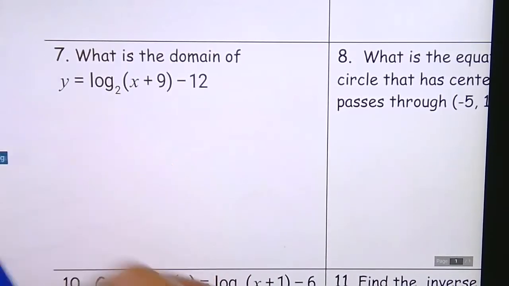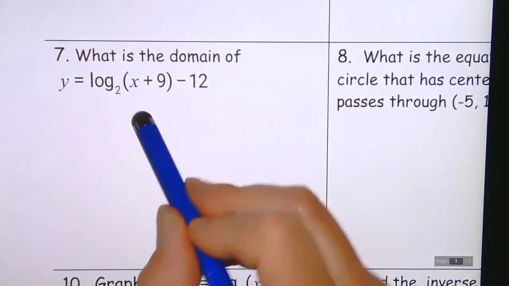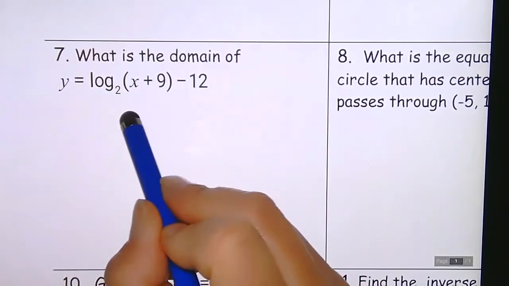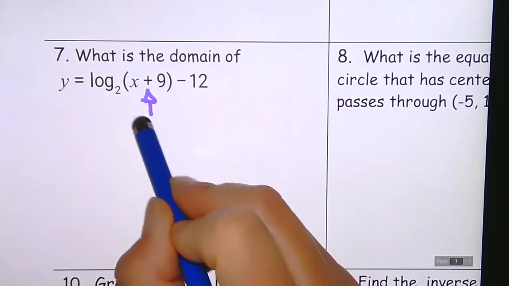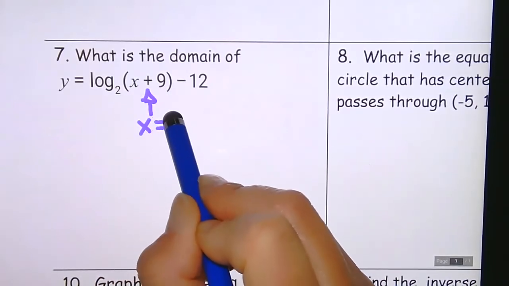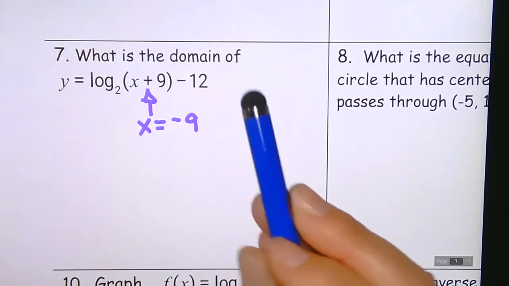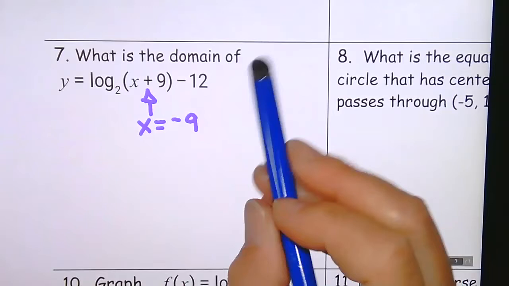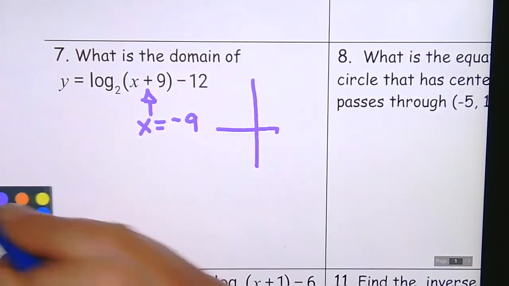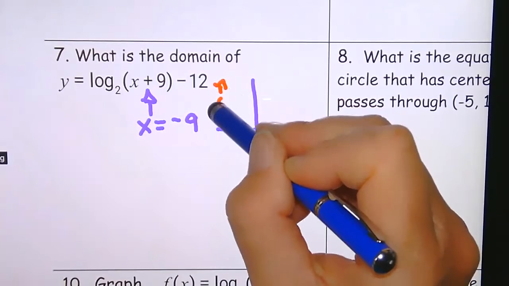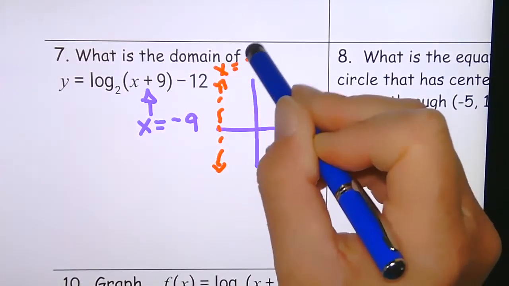what we're doing here is they want the domain of this. So if we're thinking about this graph, this right here is telling us that we have at x equal -9 an asymptote. And so this graph, if I was going to graph it, I'm just sketching, very rough sketch. I'm going to have an asymptote here at x equal -9.